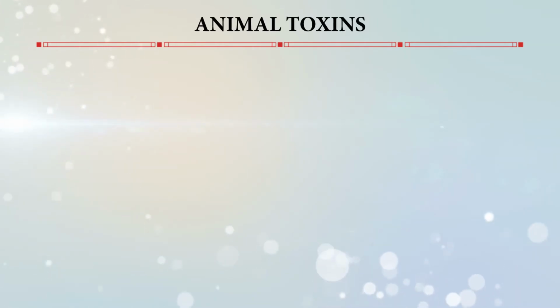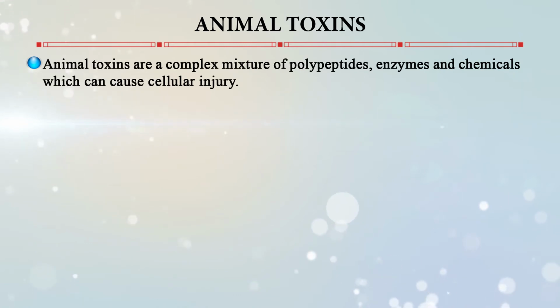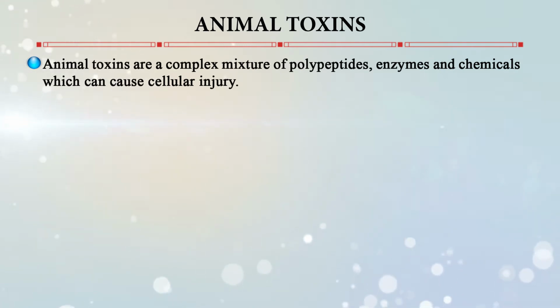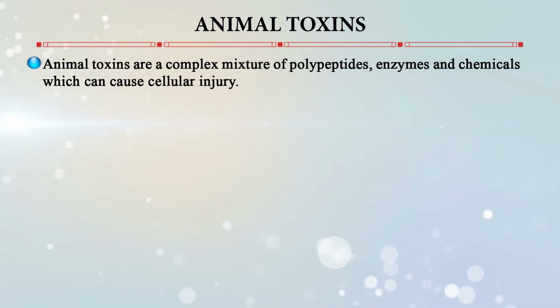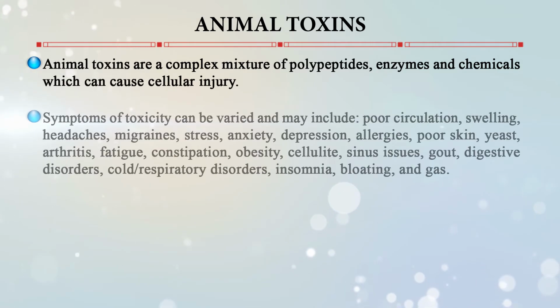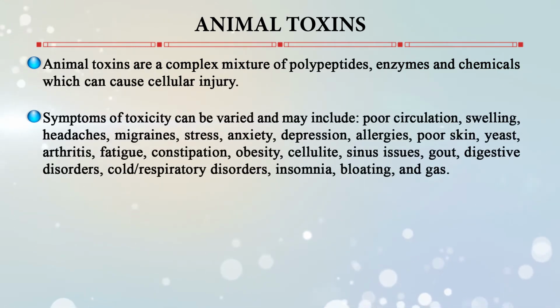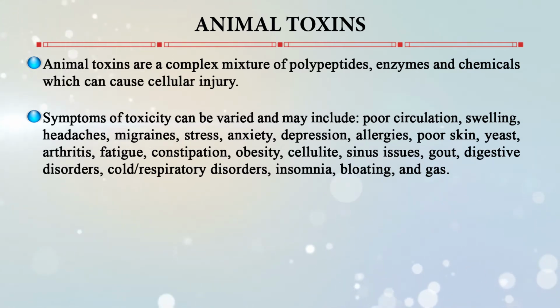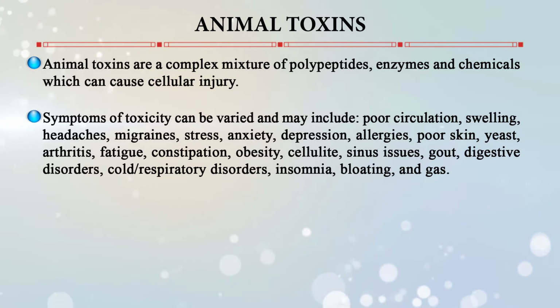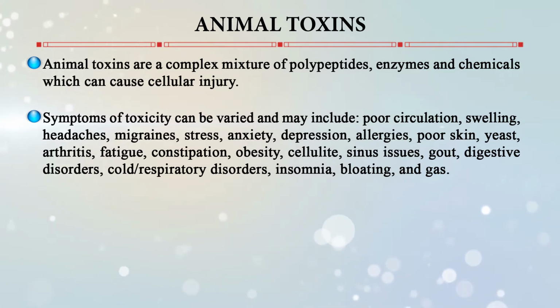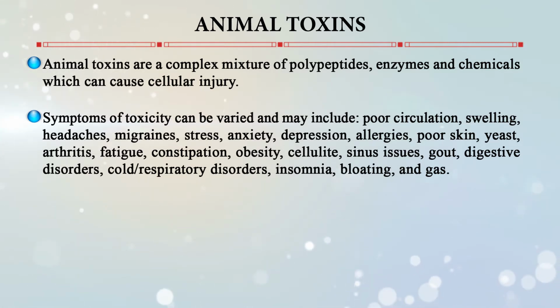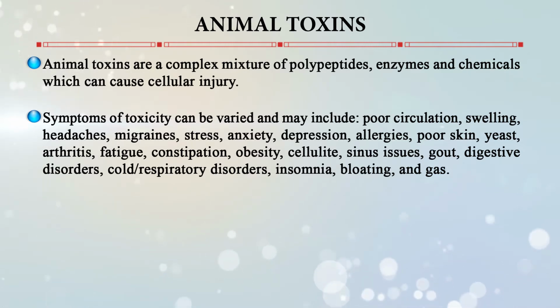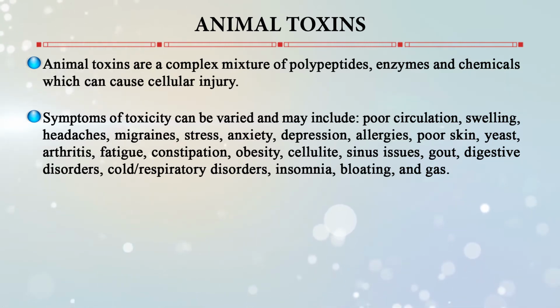Animal toxins are a complete mixture of polypeptides, enzymes and chemicals which can cause cellular injury. The symptoms of toxicity can be varied, and they can include poor circulation, swelling, headaches, migraines, stress, anxiety, depression, allergies, poor skin, yeast, arthritis, fatigue, constipation, obesity, cellulite formation, sinus issues.